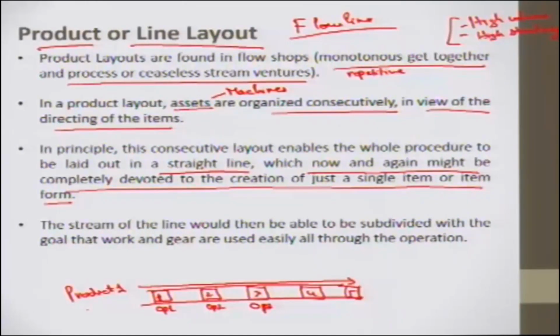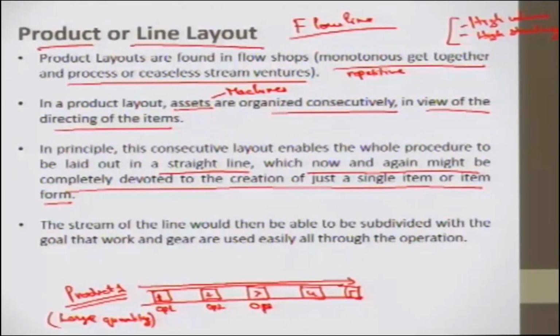But this is good only if mass production is carried out, only if product one is having a very large quantity to be manufactured. Because you see, these five machines are dedicated to only one product, so it has to be done wisely.